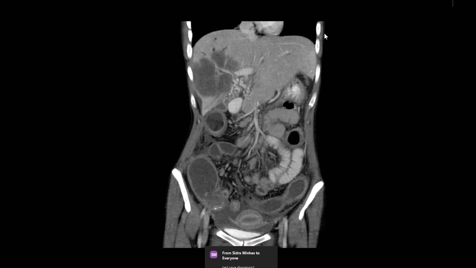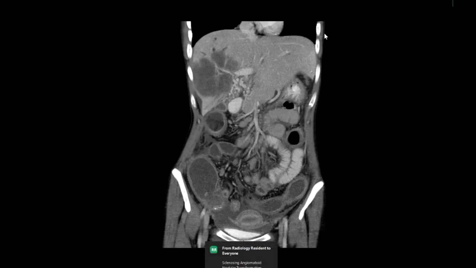I can also see ascites in the pelvis, and the large bowel loops are also dilated with bowel wall thickening. There are also multiple large mesenteric lymph nodes noted.